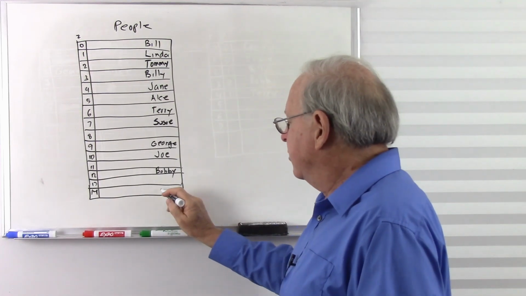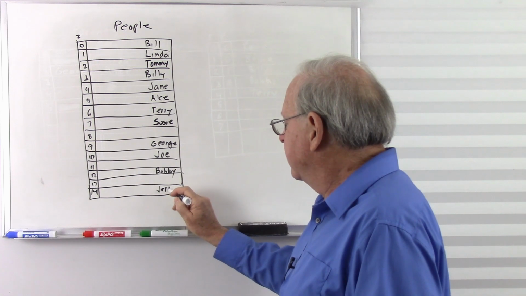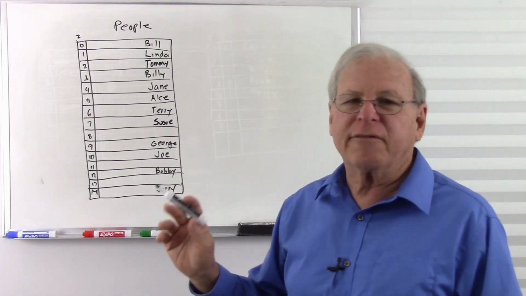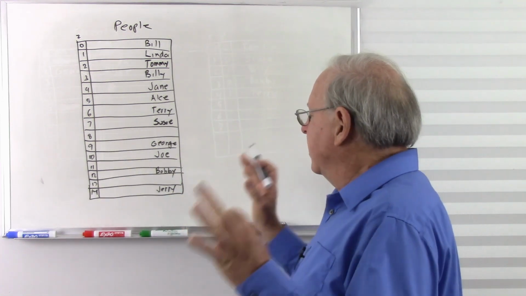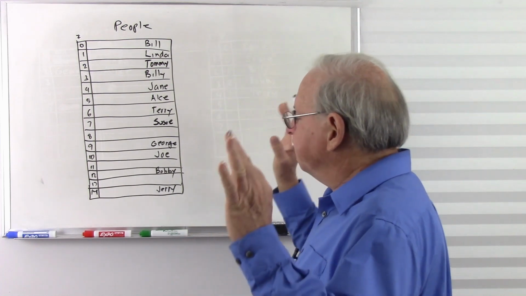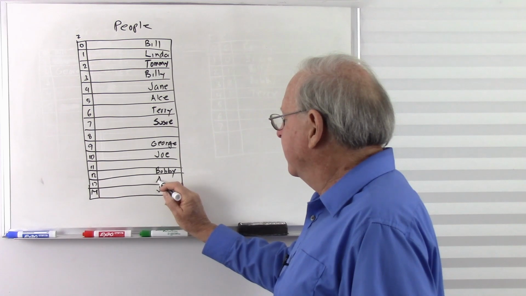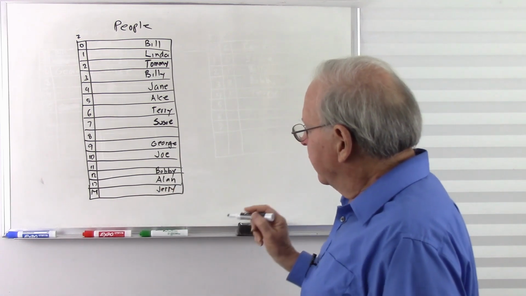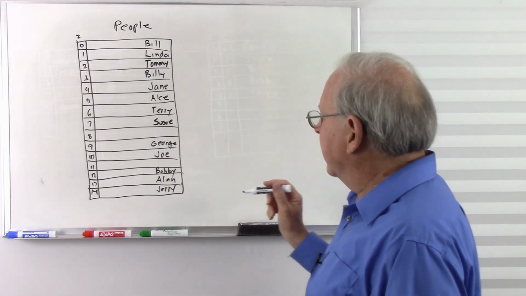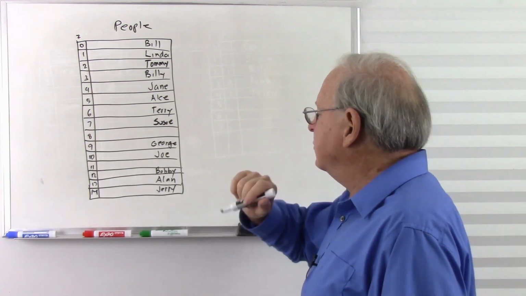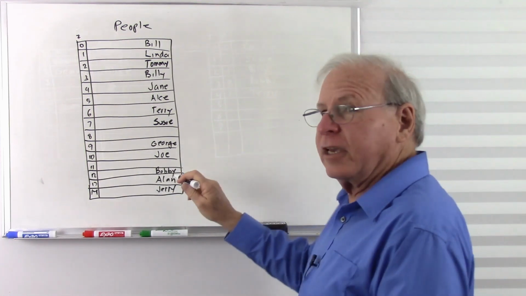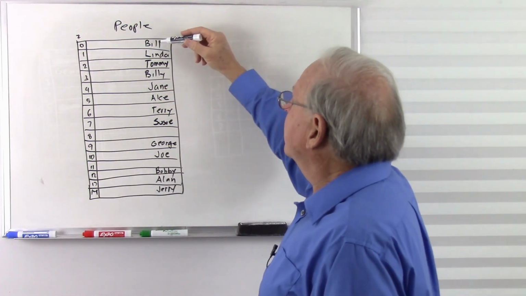How about Jerry? He has no spouse. Does he have any kids? How about a kid called Alan? There we go. So we'll see how that links together later. No spouse for Jerry, but he does have a kid. Anyway, let's see what we can do.